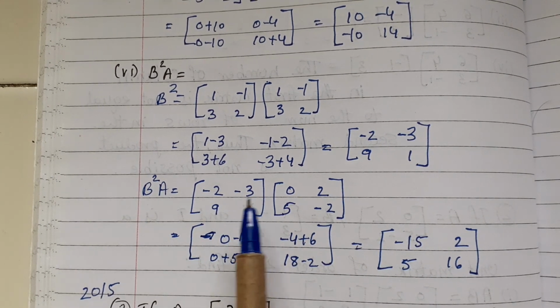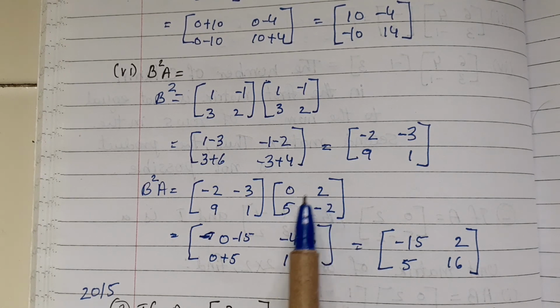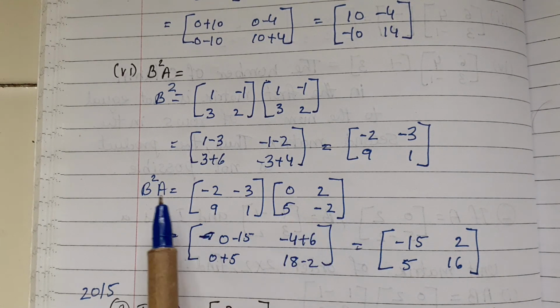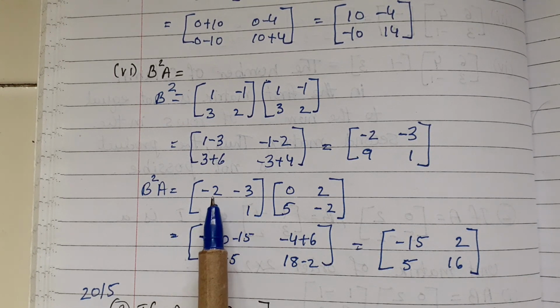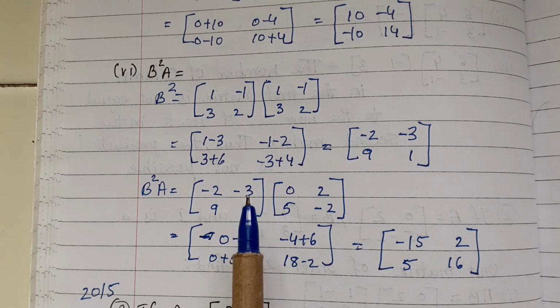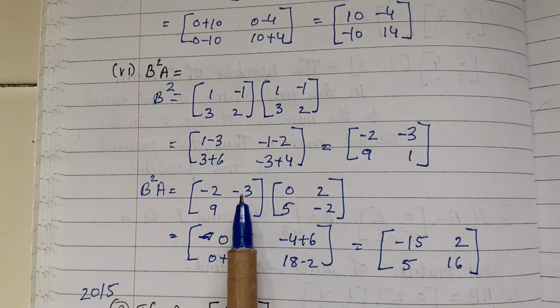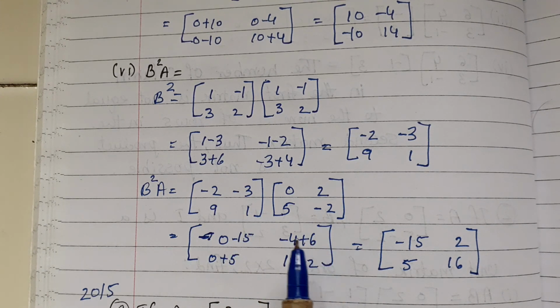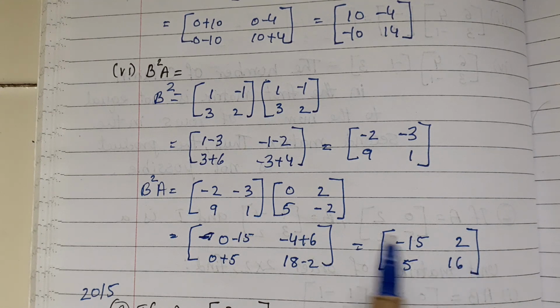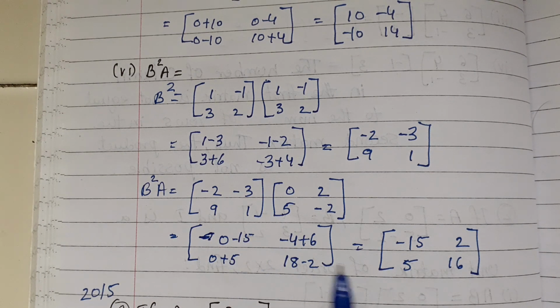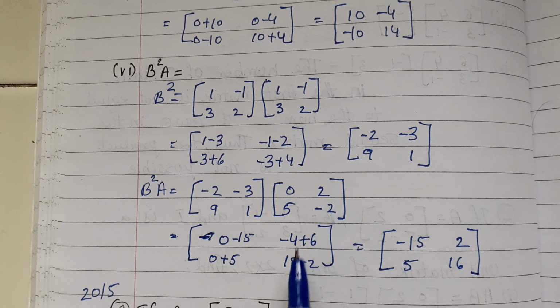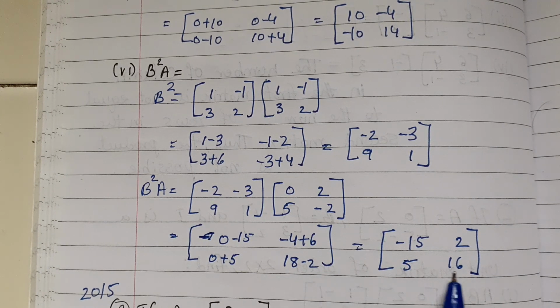So we will write here B square and A matrix, that is 0, 2, 5, minus 2, to get B square A, equal to minus 2 into 0, 0, minus 3 into 5, minus 15, 0 minus 15, minus 15, minus 2 into 2, minus 4, minus 3 into minus 2, plus 6, minus 4 plus 6, 2, 9 into 0, 0, 1 into 5, 5, 0 plus 5 is 5, 9 2s are 18, 1 into minus 2, minus 2, 18 minus 2 is 16.